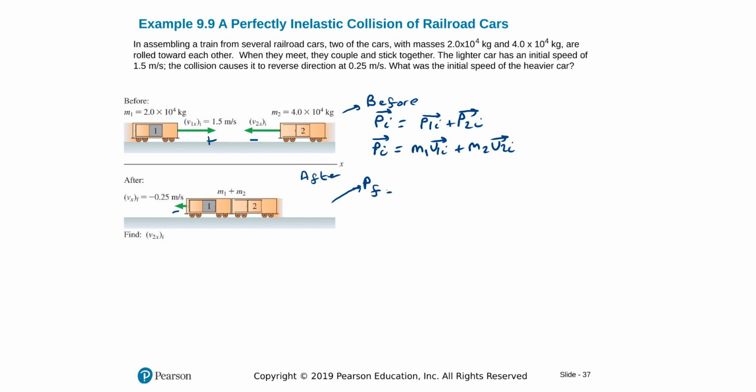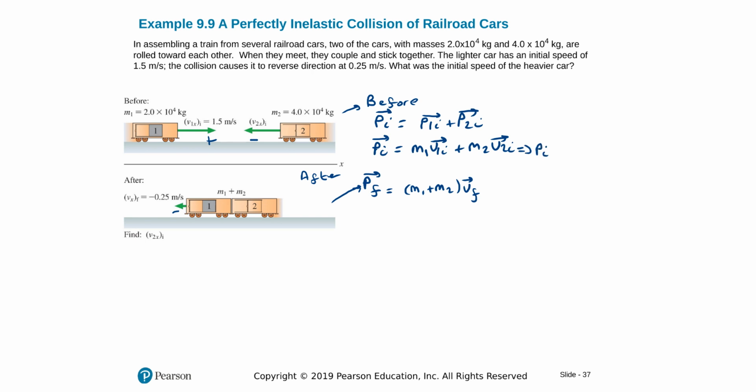is equal to M1 plus M2 V final together. We're still in vector form. As we move into the magnitude form, we're going to put in direction.